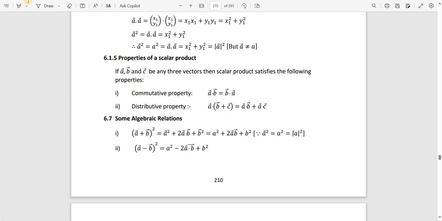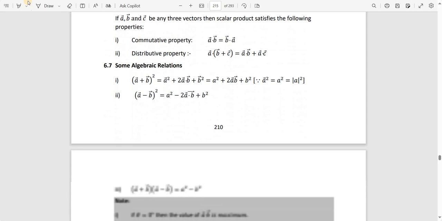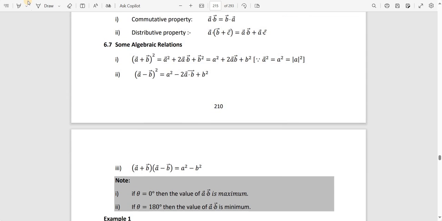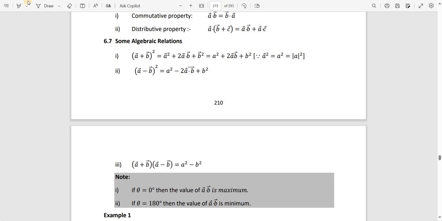Properties of scalar product. A into B can be B into A, and the distributive property is also true. Some algebraic relations: A plus B whole square, this is also true, and similarly, okay, so we can write this square only.